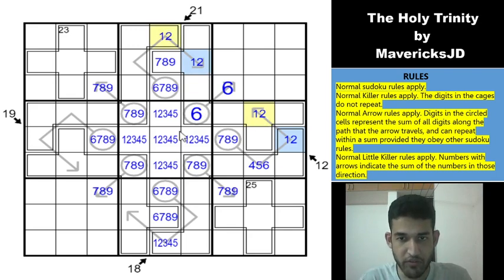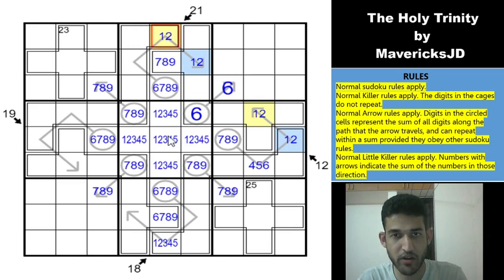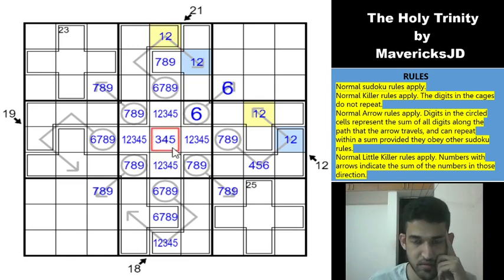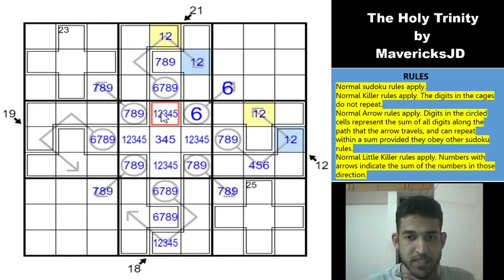So if you look at row 5 column 5, it is seeing both the yellow cell and the blue cell, which means that this is not a 1 or a 2, this is 3, 4 and 5. So I also know that the blue cell must either be in this cell or this cell, and the yellow cell must either be in this cell or this cell.